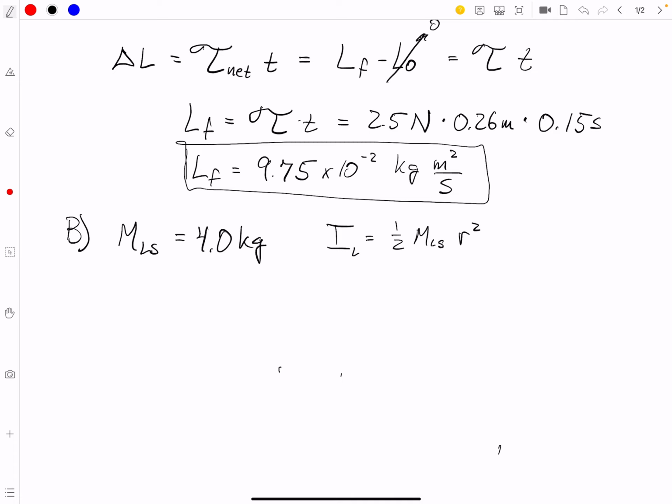So that's our I of the Lazy Susan. And we're going to say L final is equal to our I of the Lazy Susan times omega final. So what is omega final?